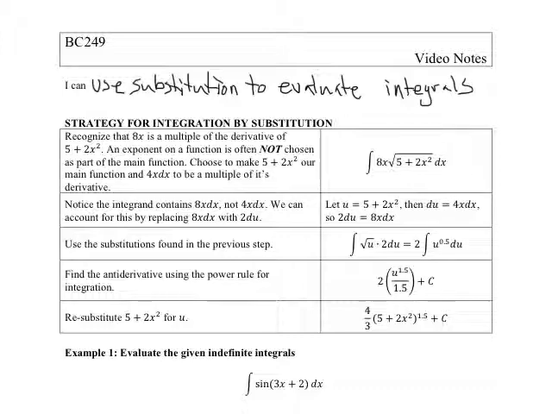In order to do substitution, this is kind of like if you had the chain rule of a function and you were integrating something that had been chain ruled, so trying to get back to the original composite function.